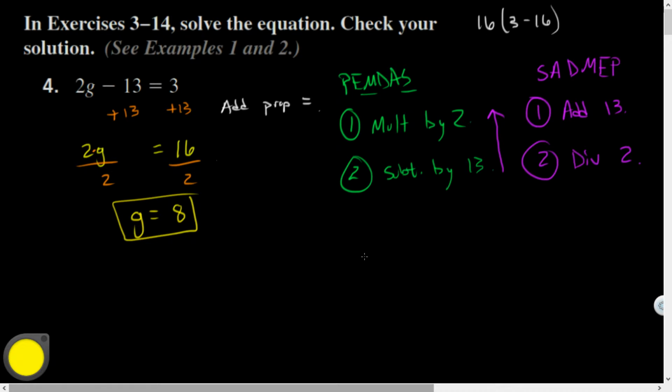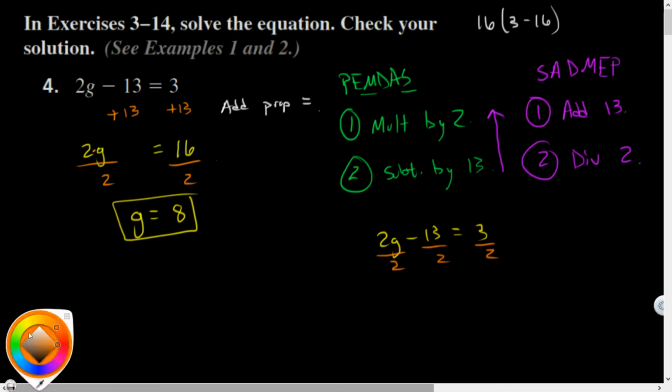Now, yesterday we talked about why I wouldn't want to divide both sides by 2 first. What happens if I try that? When I divide both sides, everybody gets divided by 2, and I'm going to get decimals or fractions, and I don't want to have to deal with that.